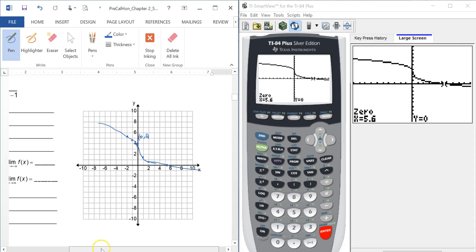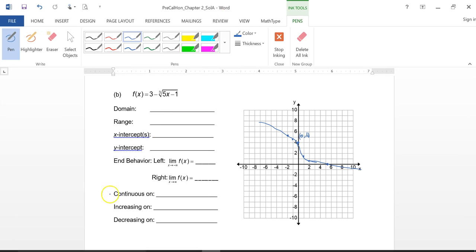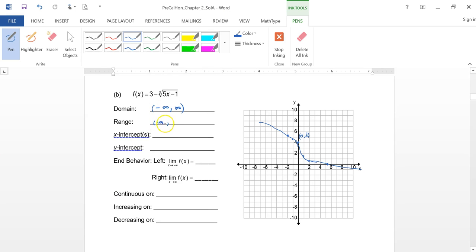So we can quickly do the rest. Domain is all reals, as is the range. X-intercept was at 5.6. Y-intercept 0 and 4.